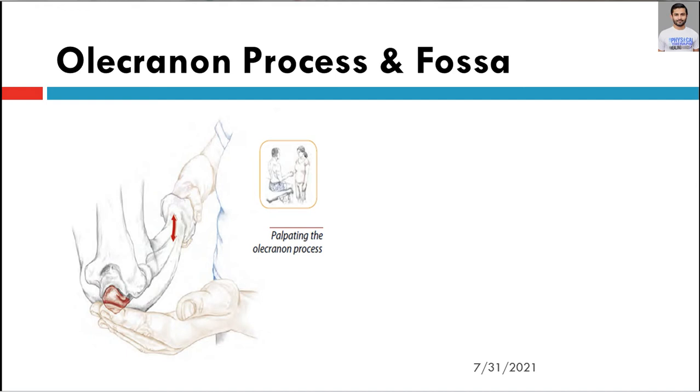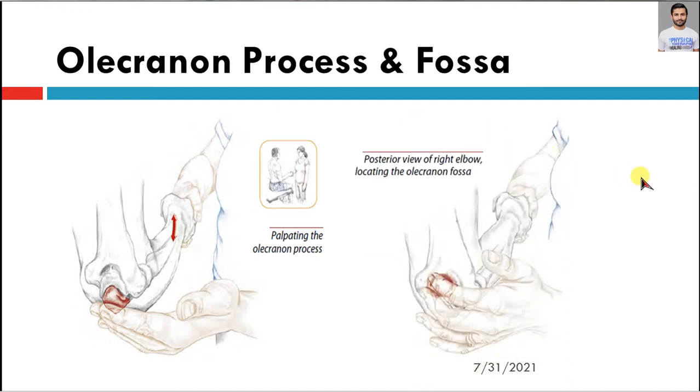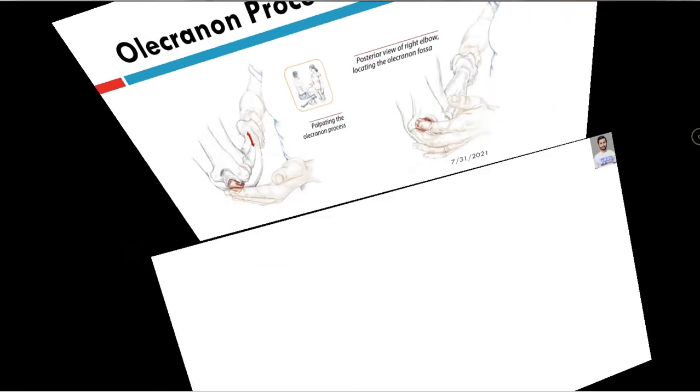So the olecranon process is very prominent. When you flex your elbow, the olecranon process becomes more visible, and when you extend your elbow, it sinks into the olecranon fossa. So by asking your partner to flex and extend, you can find the difference between the olecranon process and the olecranon fossa.